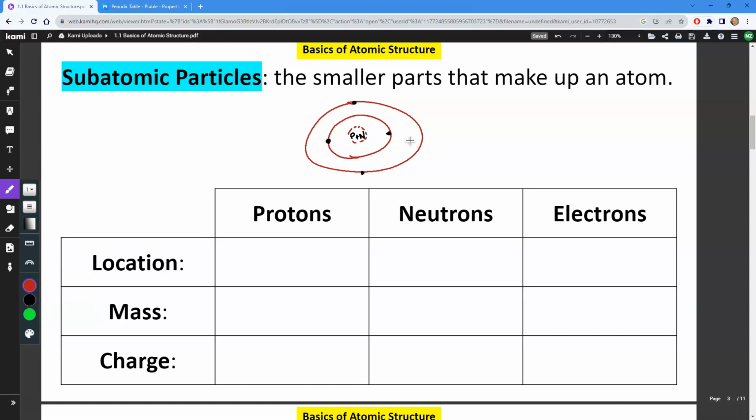So the location of protons is the nucleus. Neutrons are also located in the nucleus. And those rings around the nucleus, we refer to those as orbitals, or the electron cloud.